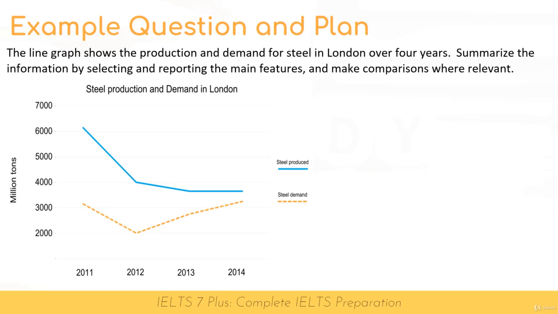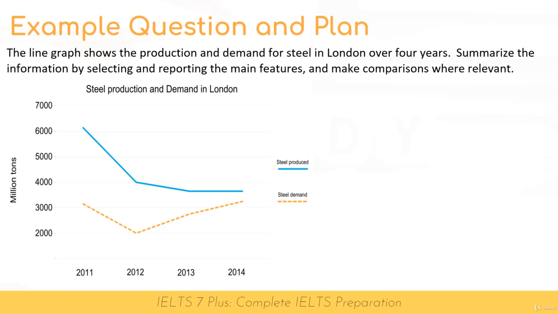So we have steel production and demand in London. To the left, on the y-axis, we have millions of tonnes, from 2,000 million tonnes all the way to 7,000 million tonnes. On the key on the right, we can see in blue, steel produced, and in orange on the dotted line is the steel demand.